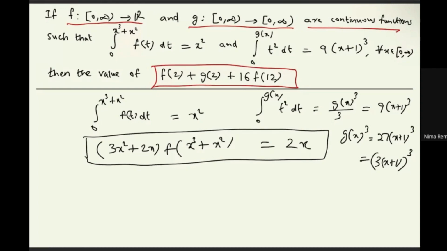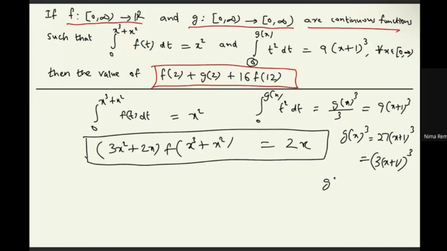When we are integrating t square dt from 0 to g of x, this is equal to g of x whole cube by 3 minus g of 0 whole cube by 3. Sorry, g of 0 is 0. You're putting 0 in t cube by 3. Right? So this is what you're getting. So g of x whole cube is 3 times x plus 1 whole cube.